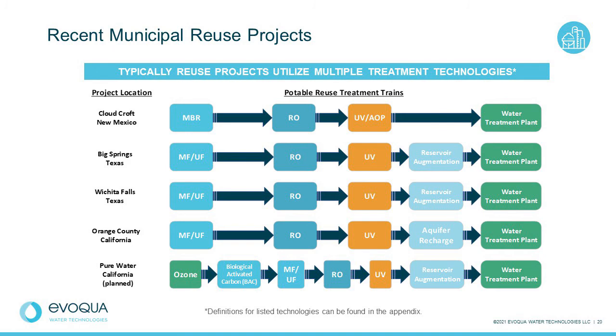Most of these potable reuse projects involve the blending of treated wastewater with reservoir water, and aquifer recharge is also becoming more common. These projects all use a high degree of filtration, microfiltration and/or ultrafiltration, disinfection, UV ultraviolet disinfection is most common, and reverse osmosis for dissolved salt removal. It's important to recognize that all these treatment processes are supplied by Evoqua Water Technologies.